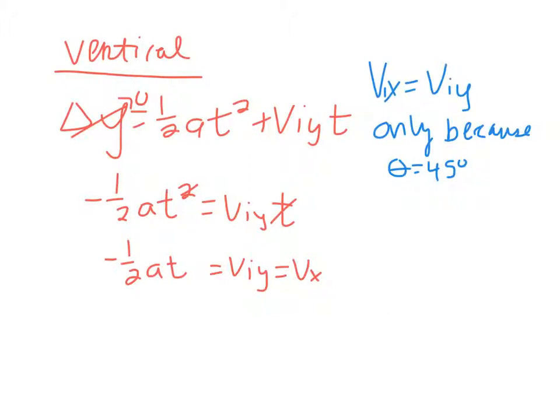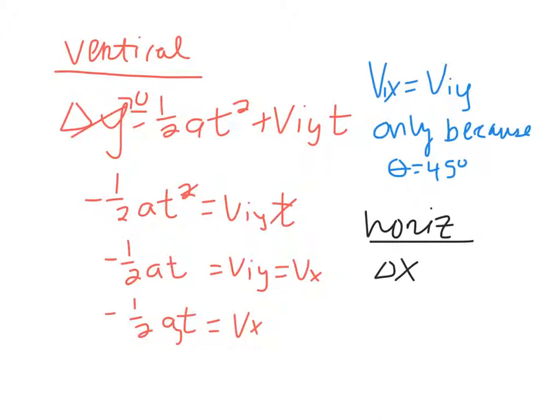Okay, so in the vertical, we know that negative 1/2 a y t is now equal to my vx. Looking at the horizontal, the only equation I know in horizontal is that delta x equals vxt. So delta x over t will equal vx. I've got two expressions now for vx.